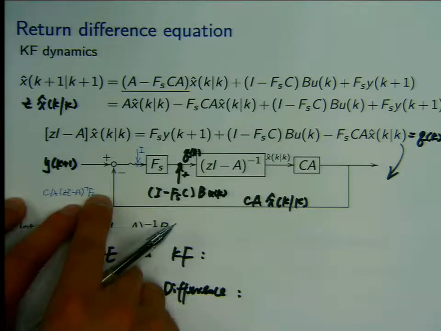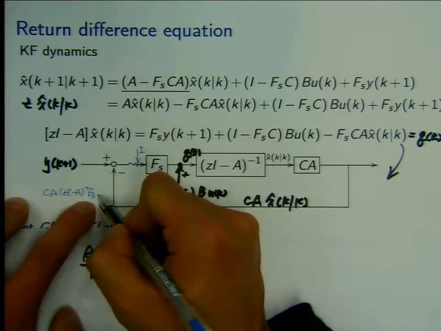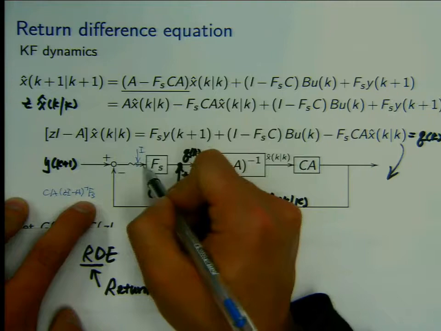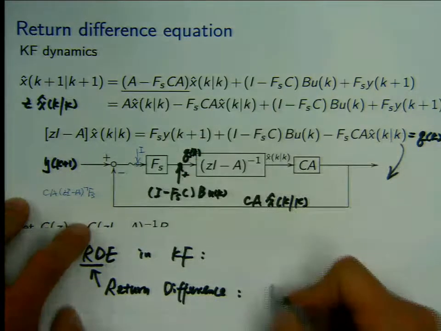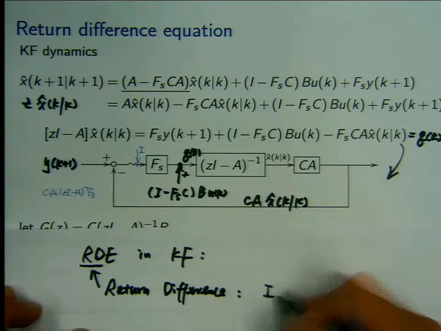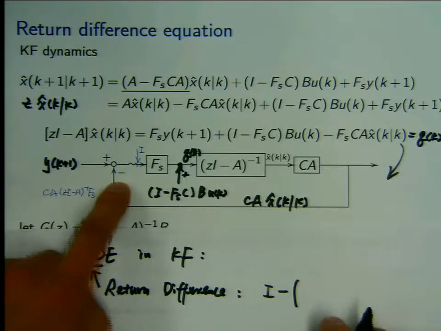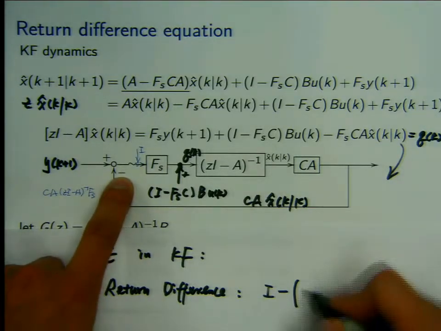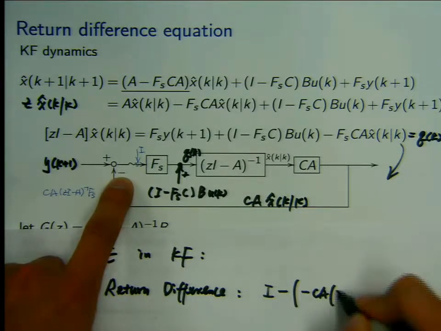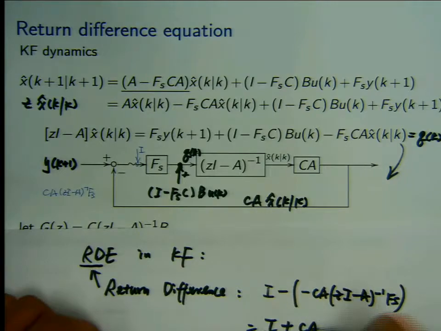Okay? So this signal got returned. This is the returned signal if I have a constant injection here. Return difference means the difference between the signal I injected and the signal that's returned. The signal that's returned, keep in mind there's a minus sign here, is going to be minus C A (zI minus A) inverse Fs, which equals this.